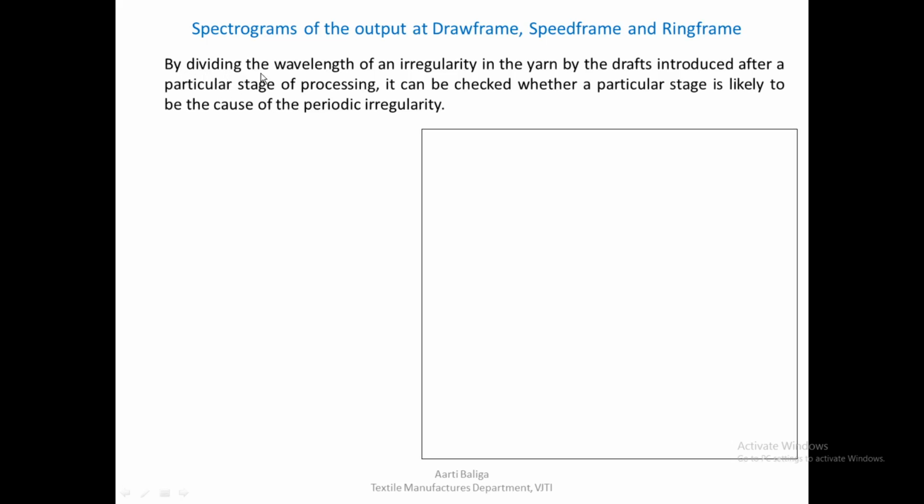So we already know the formula we just saw, pi into roller diameter into the draft that is applied.